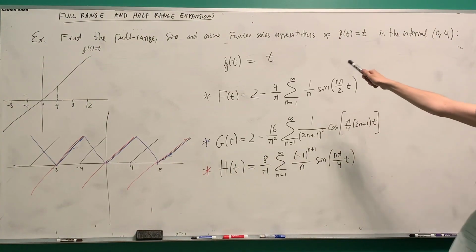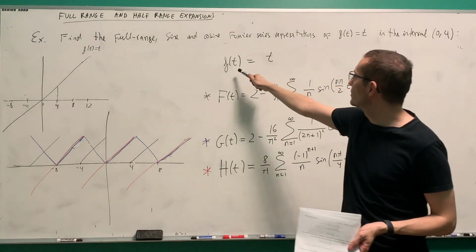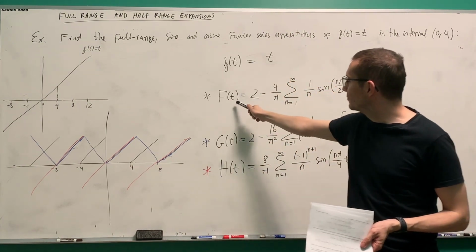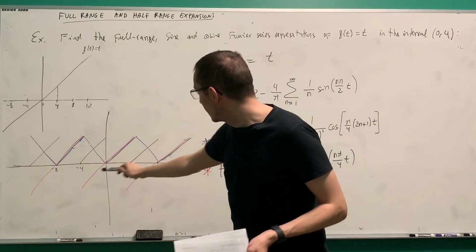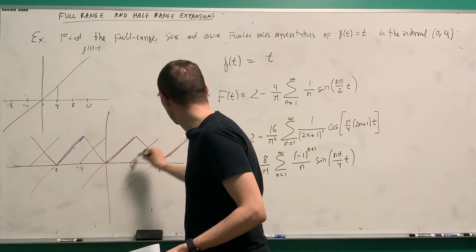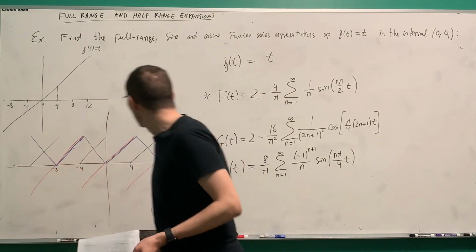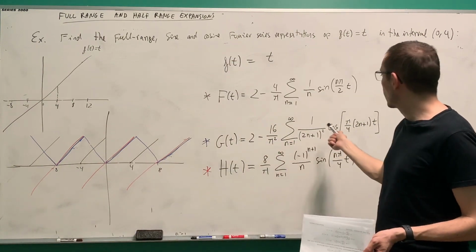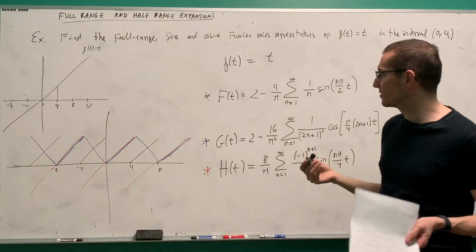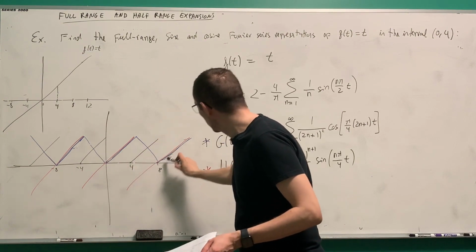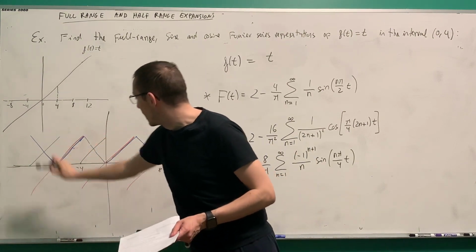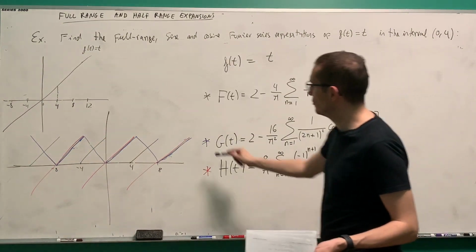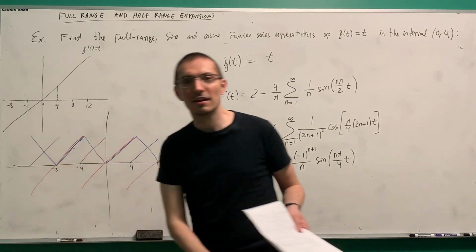So we have these three representations for the function f of t equals t. Capital F of t, it's plotted here in black. You see it's this one, this one, this one, this one, this one. G of t is the cosine representation, the even extension is the one in blue. It's this one, this one. And in red we have the odd representation, which is this one, this one, this one.